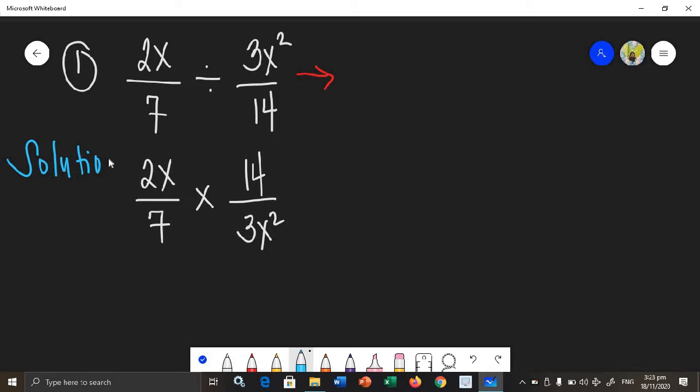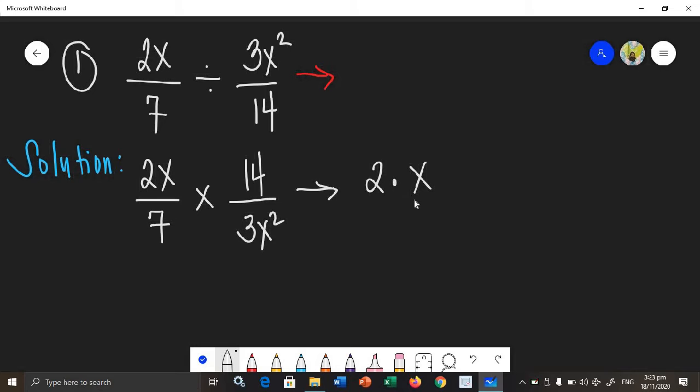The first step in multiplying rational algebraic expressions is to factor out the numerators and denominators, and make sure that the factors you put are cancelable. So, 2x: when we factor 2x, the factors are 2 times x.